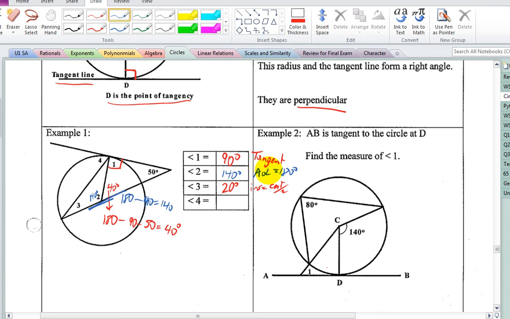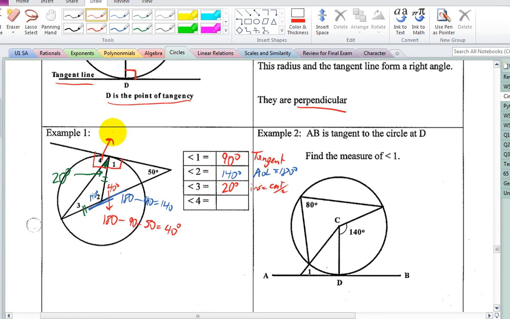All right, now angle 4 is the tough one. So you need to mark on your triangle that it's isosceles. So this angle in here is what value? It's 20 degrees. So keep in mind, if you're looking at angle 1, it's 90, so the other side must be 90. So 90 minus 20 degrees must then equal angle 4.